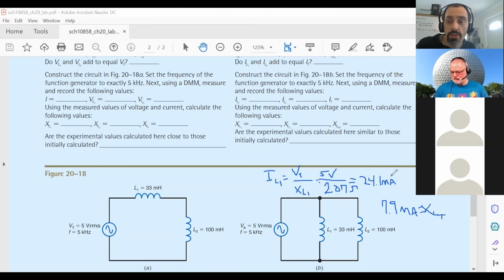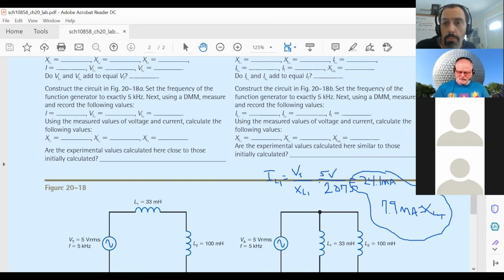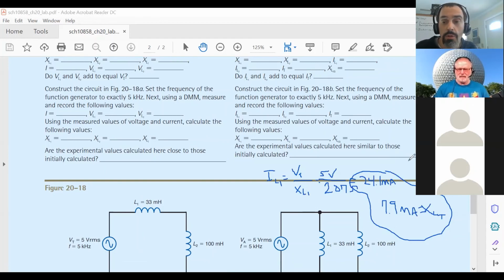Okay, if you add these two together, what do you get on that? Wait, how did you get 7.9? I got 0.7. Remember to do milliamps.